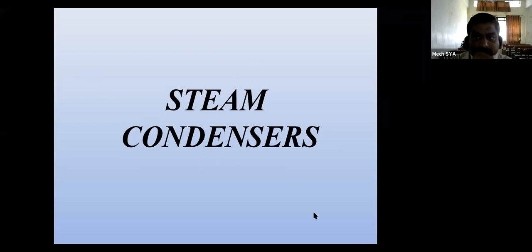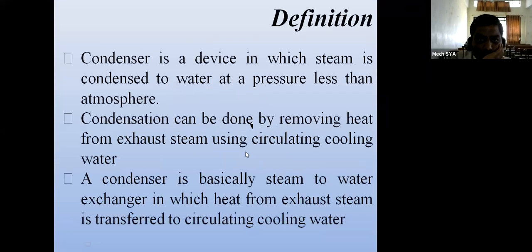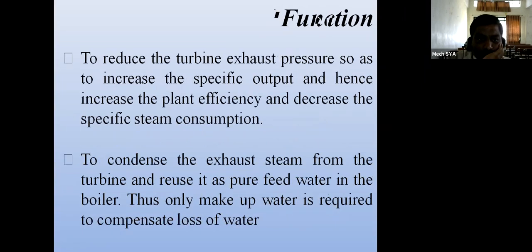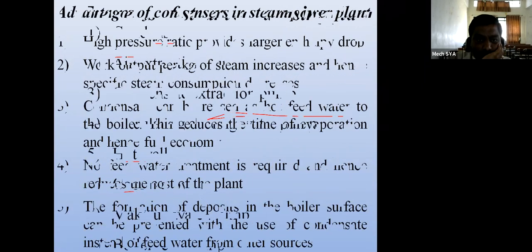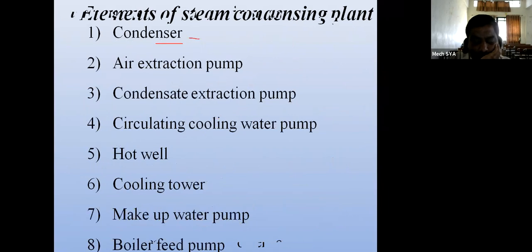So, last lecture, I think we have started steam condensers. Steam condensers definition and purpose of steam condenser, we revised yesterday. And we have completed advantages of condenser, functions of condenser, then elements of steam condensing plants.